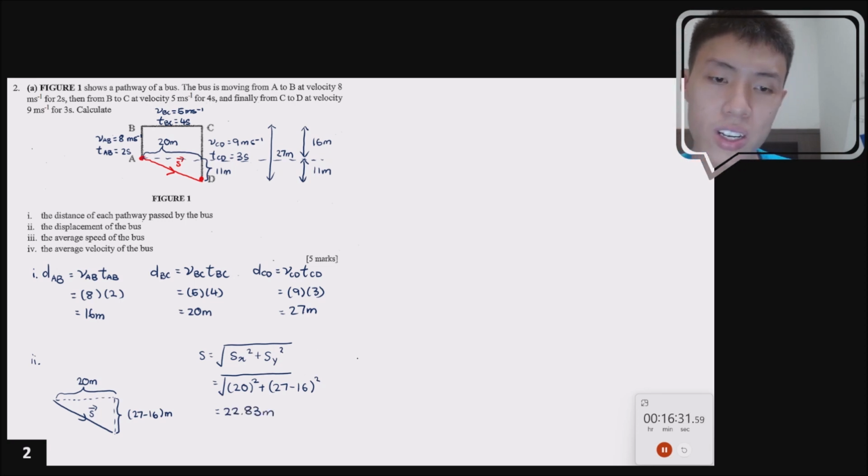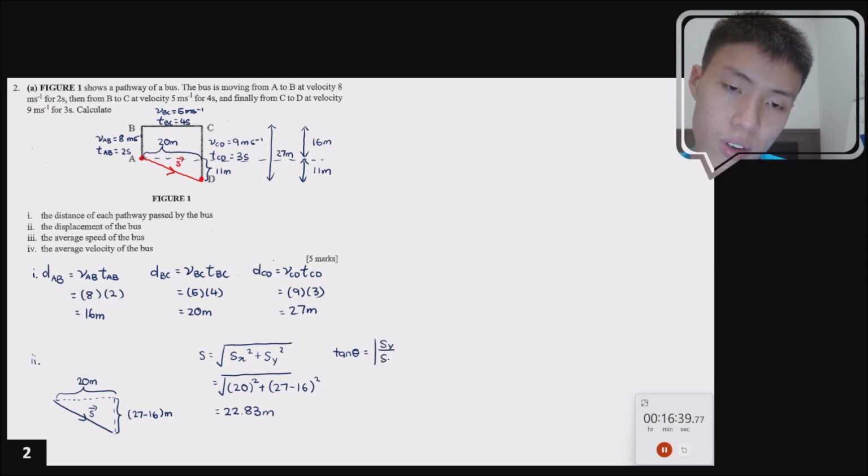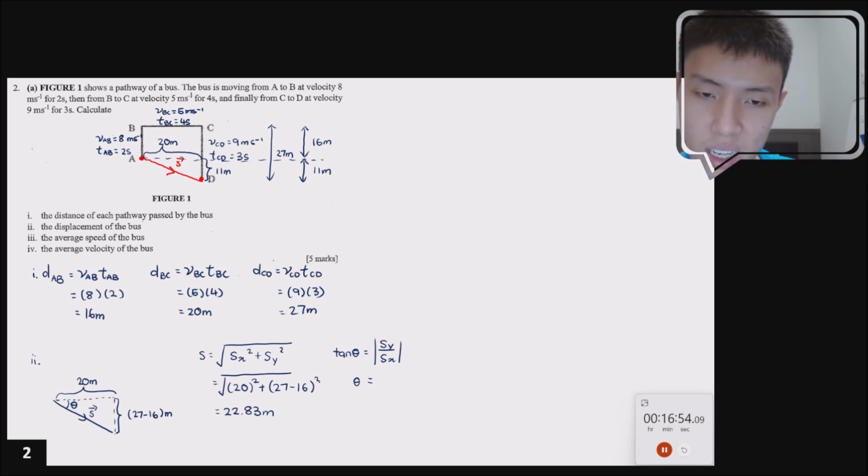We still have to find the direction of displacement as well. So the direction of displacement, tangent theta is equals to sy over sx. Okay, standard procedure to find the angle. When we say angle, is the angle over here. Okay, because angle always from the x-axis.